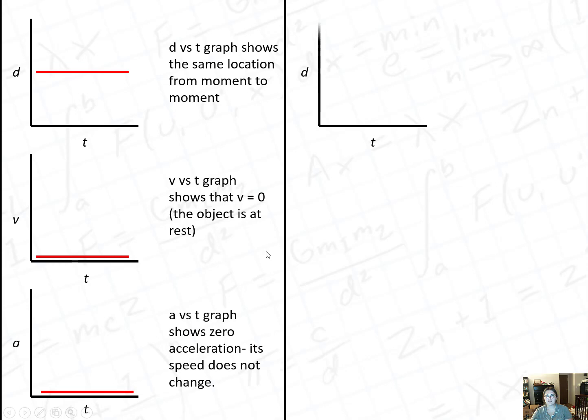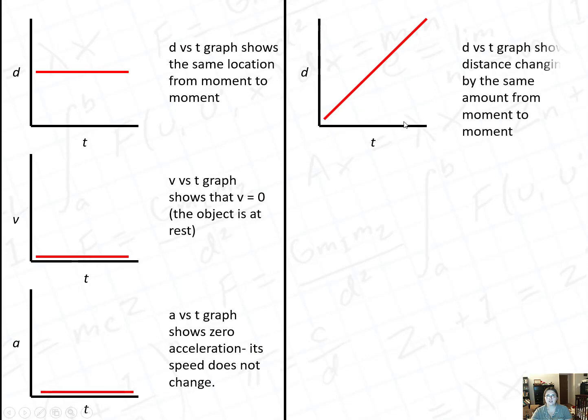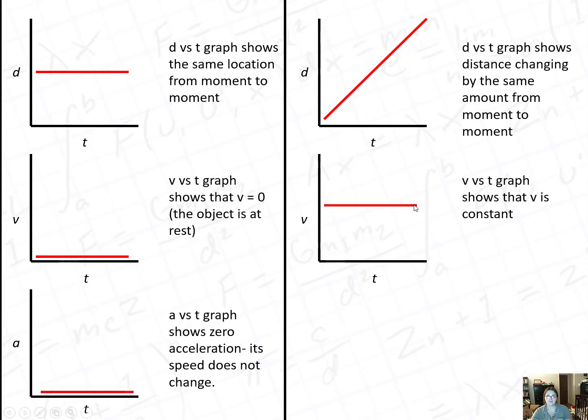Then we have another example where the distance versus time graph is changing at a constant rate, and that means that the velocity is constant, but it also means that the acceleration is 0 meters per second squared.